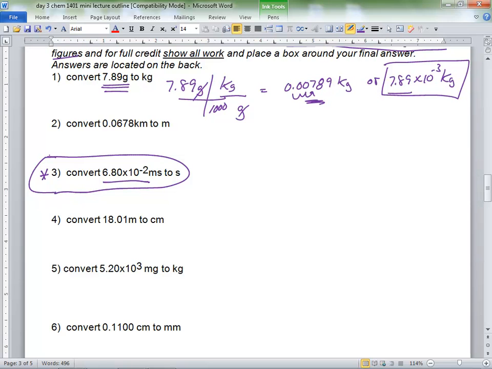Make sense? So hopefully everyone's got this. They wrote what I see everyone writing mostly. Right? 1,000 milliseconds in a second. And you quit.